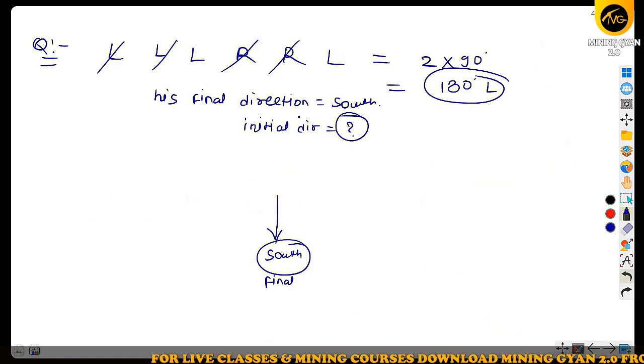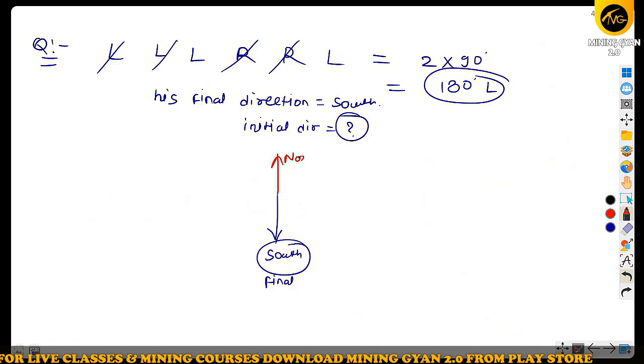Okay, easy, because it will be north direction. The initial direction will be north.